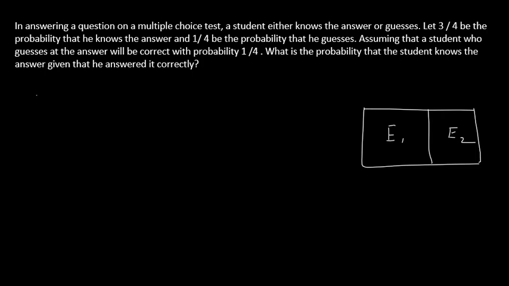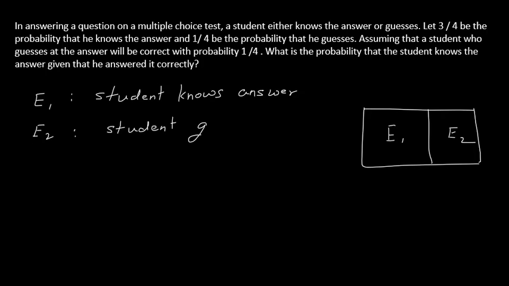I will say that E1 is the event that student knows the answer, and E2 is the event that student guesses the answer, and A will be the event that student answered correctly.